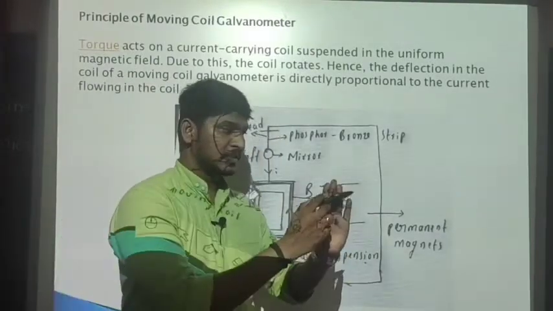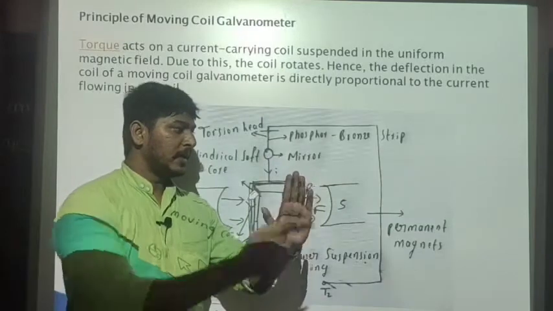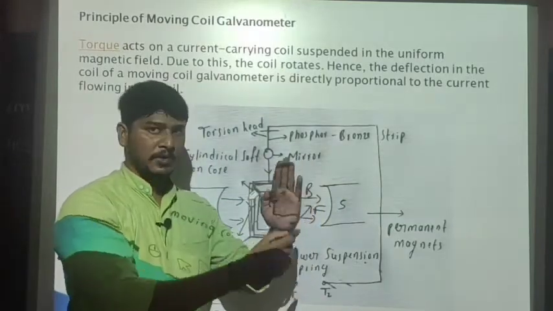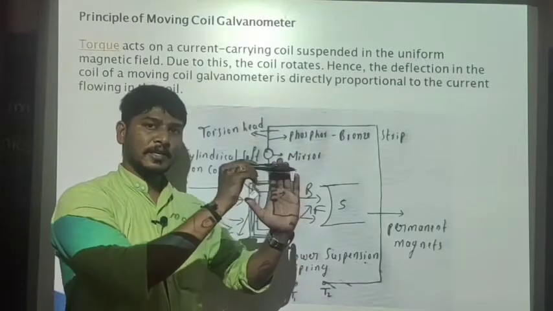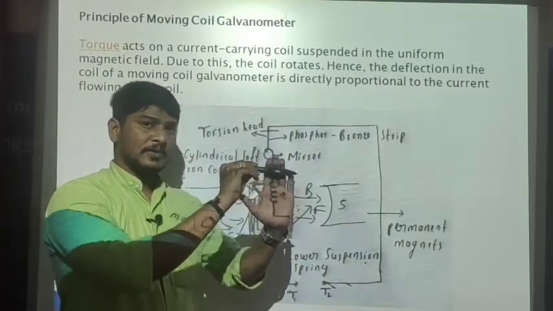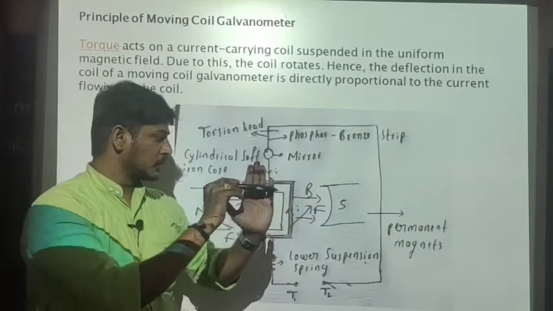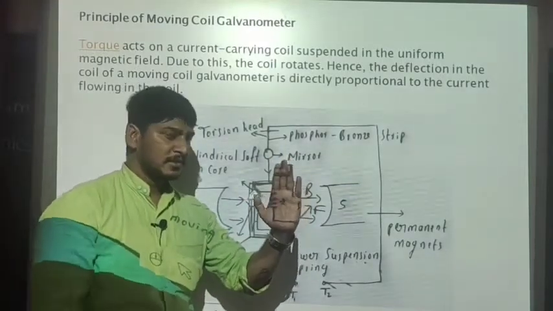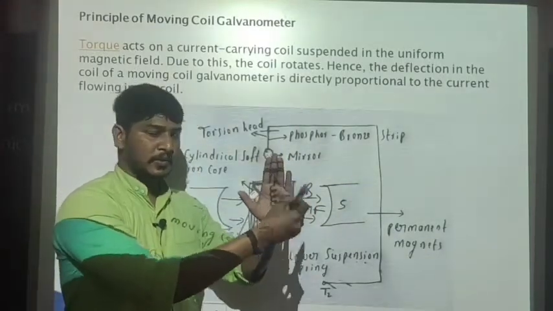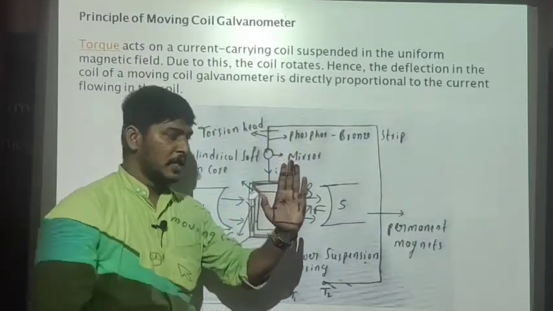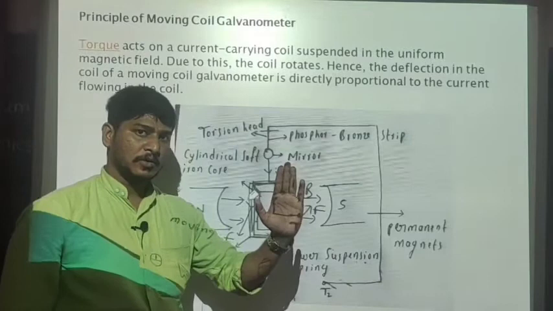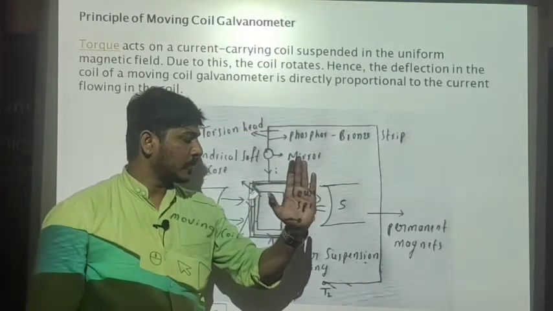Let us suppose this is the copper coil and a current I flows through it, and it is placed in a magnetic field, and the magnetic field lines are parallel to the copper coil. Due to this, the coil experiences two forces, one into the board, another out of the board. Due to these two forces, it experiences a torque. Due to this torque, what happens?